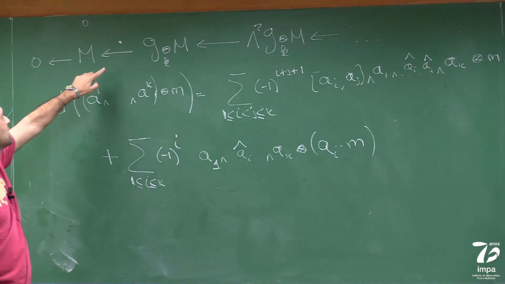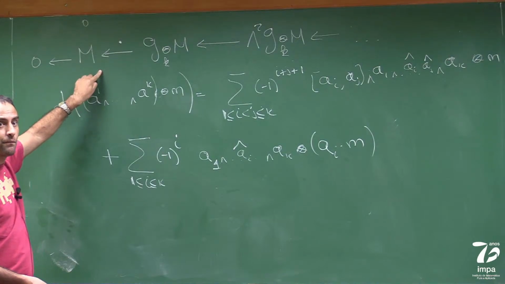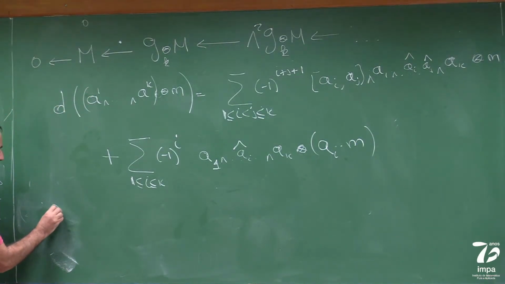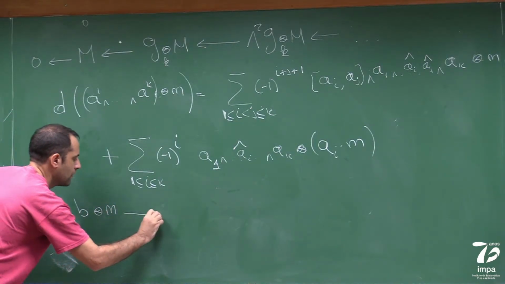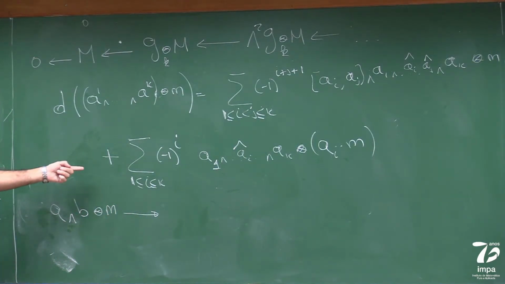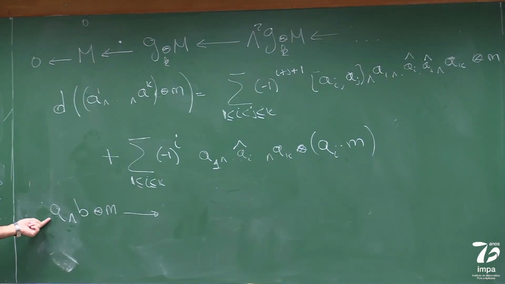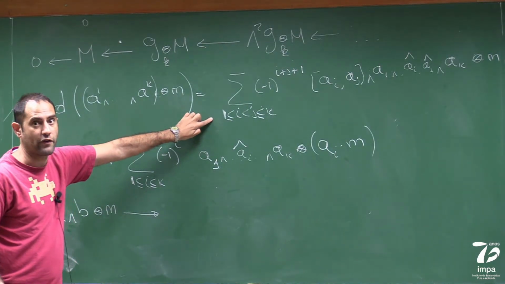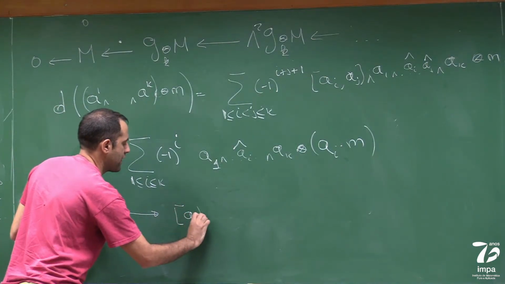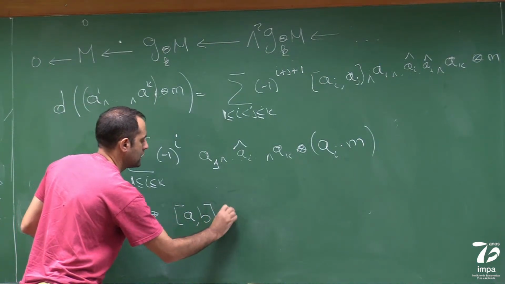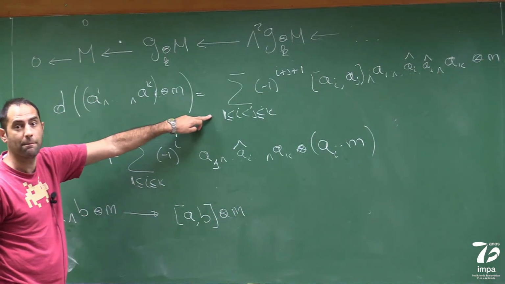Before, it was trivial because this map was 0. So now I'm going to grab A wedge B, tensor M, and I'm going to read this differential. On this sum, we already know, it's just the bracket of A with B, tensor M. So that's this sum.